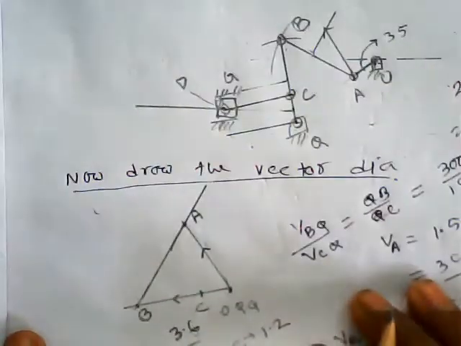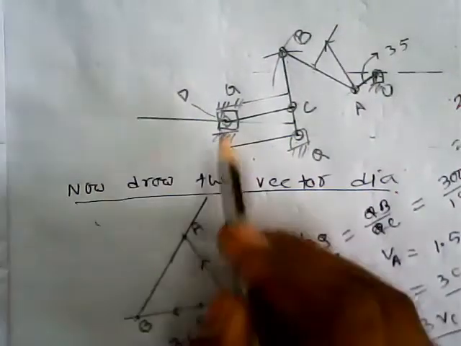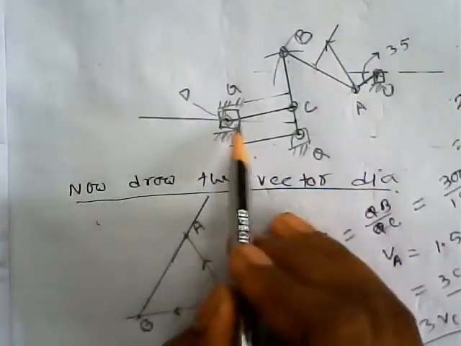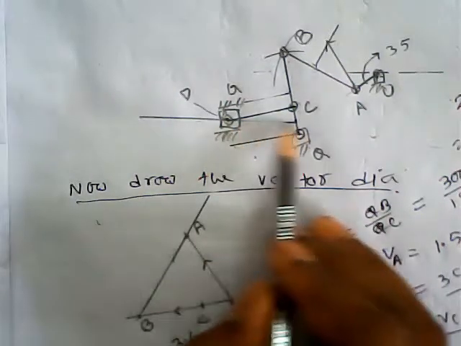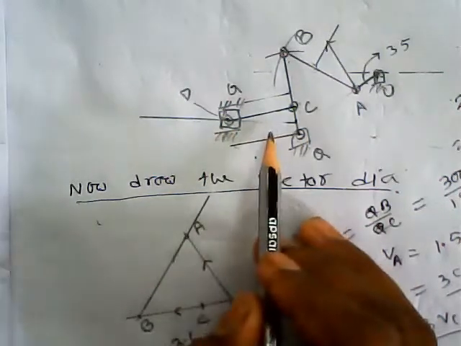Now velocity at the point D. Here velocity of D with respect to C, and velocity of D is sliding horizontally.